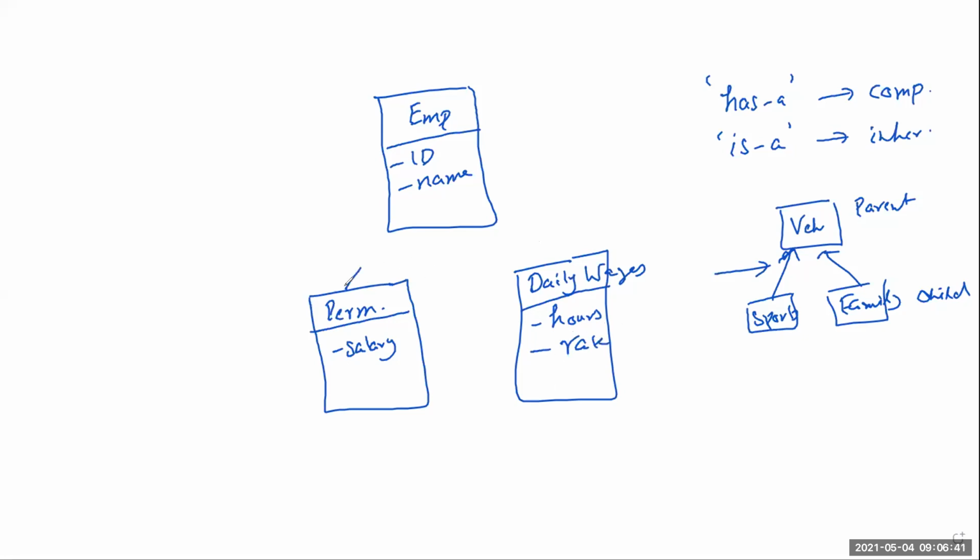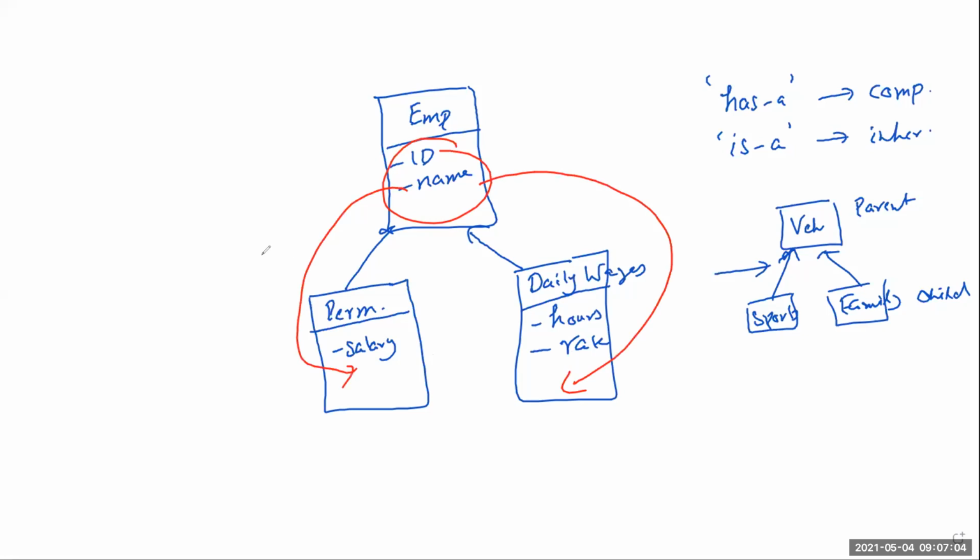So once you do inheritance, what actually happens is that you say, okay, employee is my parent class, right? And there are two child classes, permanent employee and daily wages. So now these two attributes also become a part of permanent employee. These two attributes also become a part of this, right? They are inherited by the child classes.